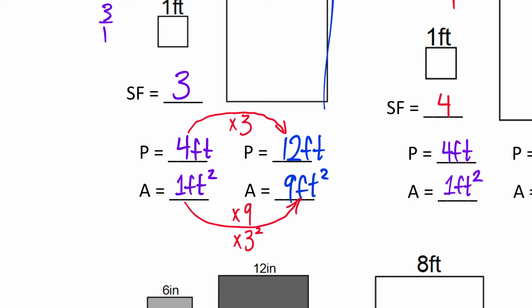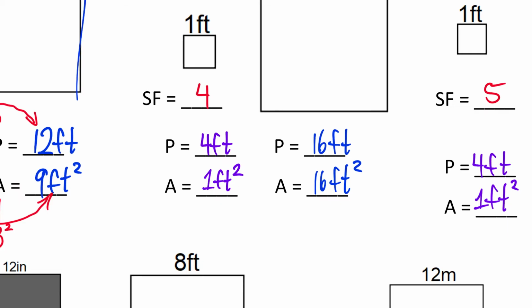Okay? Let's look at that here. From 4 to 16, what do you have to multiply 4 by to get 16? 4 times 4. So how does that compare to the scale factor? It's the same thing, right? But from 1 to 16, what do you multiply by?